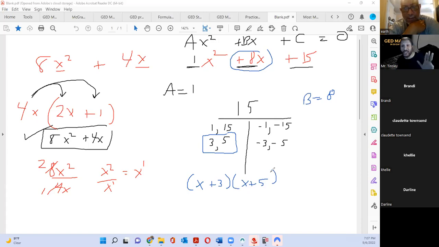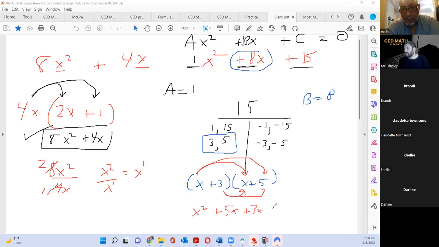Now let's make sure we check our work. That's one of the most important steps in mathematics. x times x is x squared. x times 5 is 5x. 3 times x is 3x. 3 times 5 is 15.